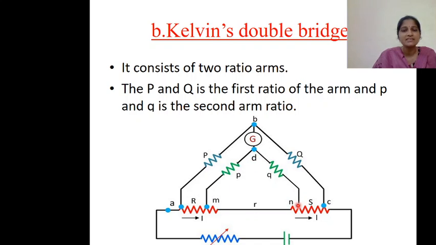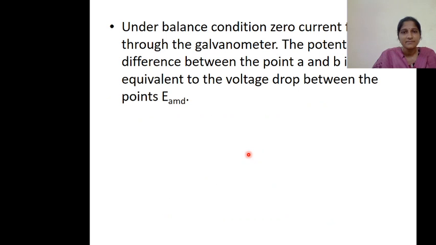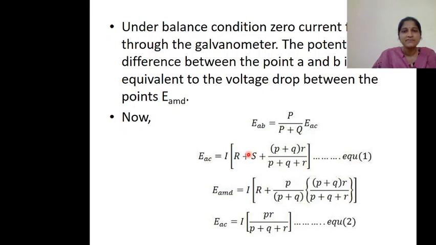So the outer ratio arm voltage VAB is the first voltage. This voltage should be equal to VAMD. Equating these voltages, you will be able to calculate the unknown resistance R. That means EAB is equal to EAMD.